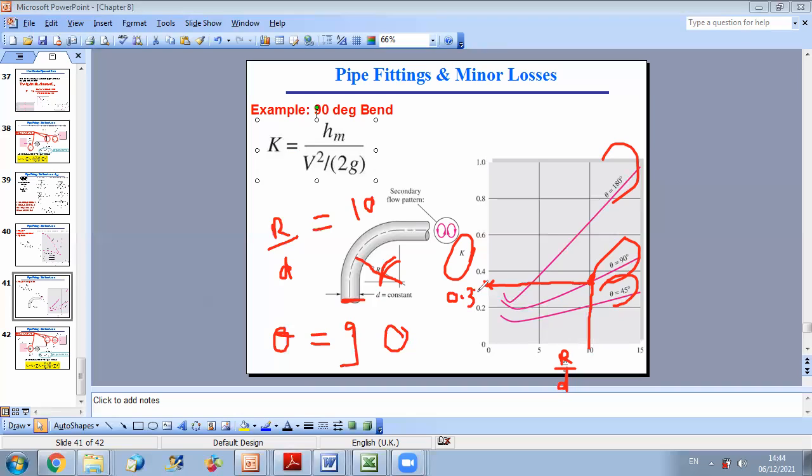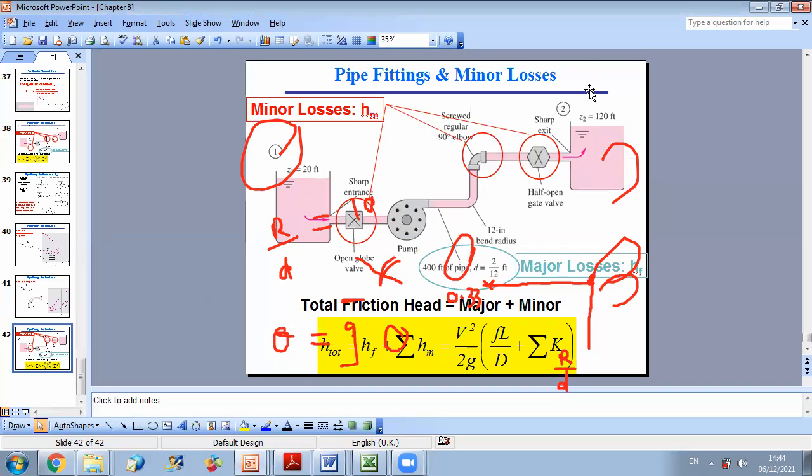Okay? So this is how you get your loss coefficients from tables or graphs, and then you can replace the values of these K's in the energy equation. So this is an example.